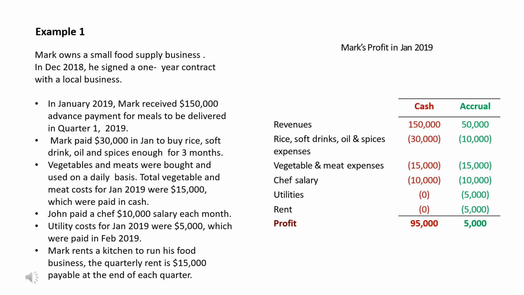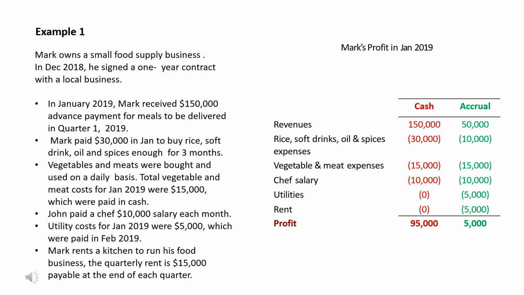Now, if we look at the accrual-based accounting practices, revenue was recorded as 50,000. And that's because 150K was paid for the entire quarter, and we need to proportion the amount of revenue generated each month. Similarly, the expenses, 30K for the entire quarter.